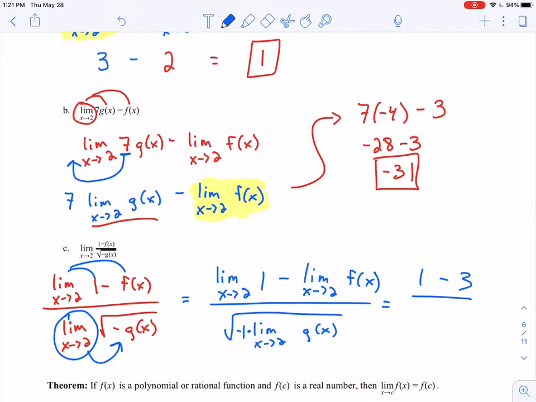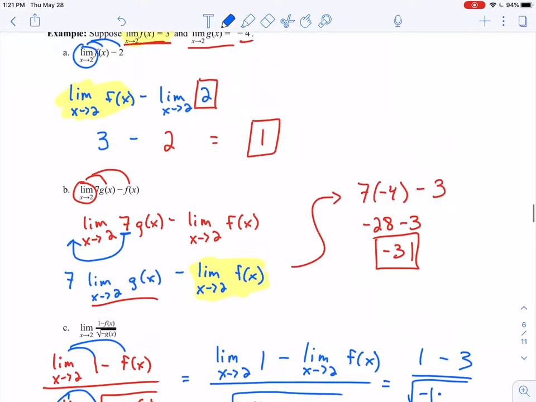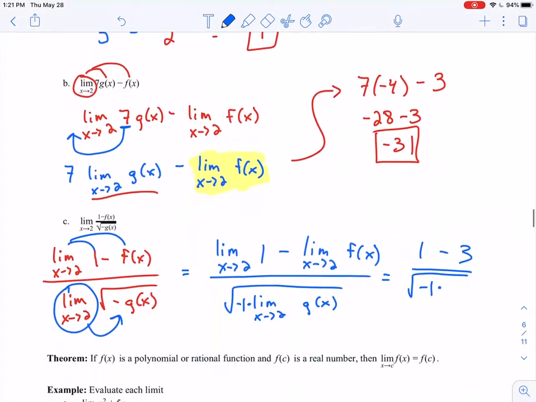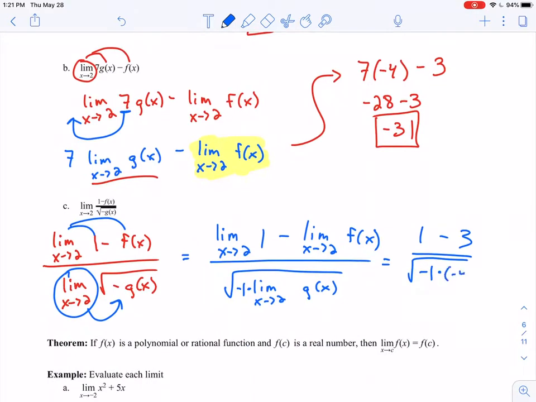And then in my denominator, I have the square root of -1 times the limit as x approaches 2 of g of x. g of x is -4, so I have -4 right here. 1 minus 3 is -2, over the square root of -1 times -4, which is +4. So -2 over radical 4, over 2, right? The square root of 4 is 2, which gives me -1 as my limit.